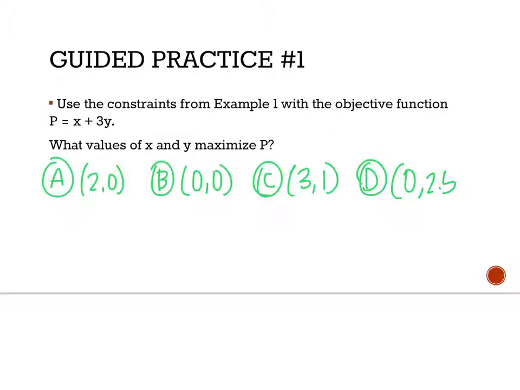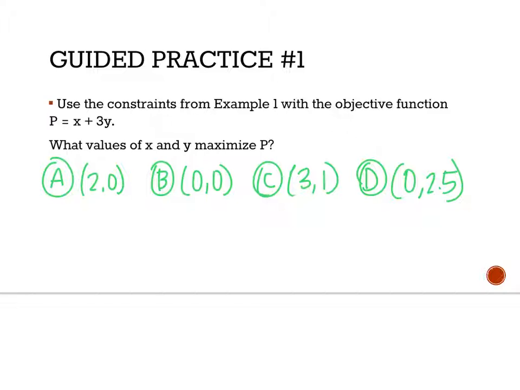You don't actually have to graph these if they give you the vertices of the feasible region. You don't have to graph it because you already have the vertices. I just did that to show you what to do.